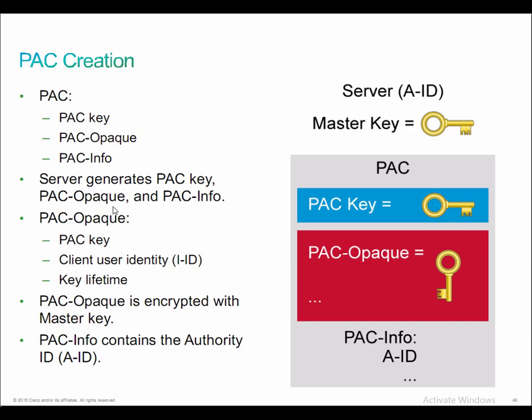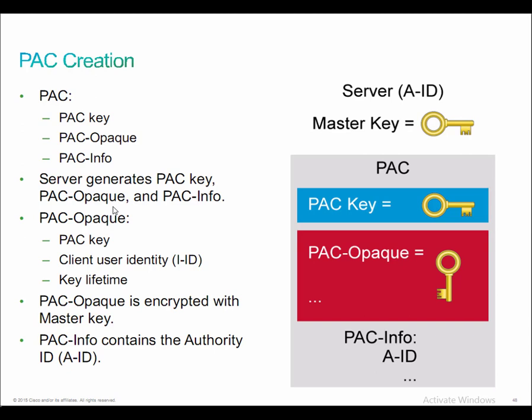When the client identity, which is referred to as the initiator identifier, or I-ID, you see that listed there as well, requests the PAC, the server generates a randomly unique PAC key and a PAC opaque field for that particular client. This is kind of like another key.